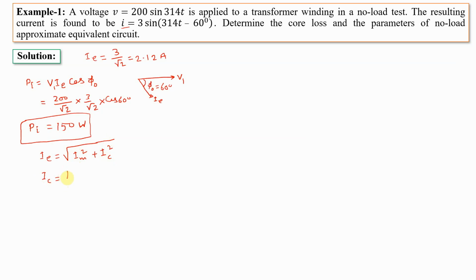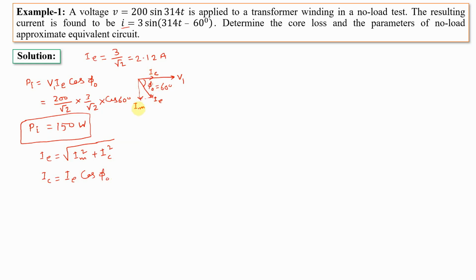IC will be equal to IE into cos of phi naught, because this current can be resolved into two components. One is IM, which is at 90 degrees to the voltage, and another is IC, which is in phase with the voltage. This current is considered as the core loss component of the transformer, and this is called the magnetizing current.